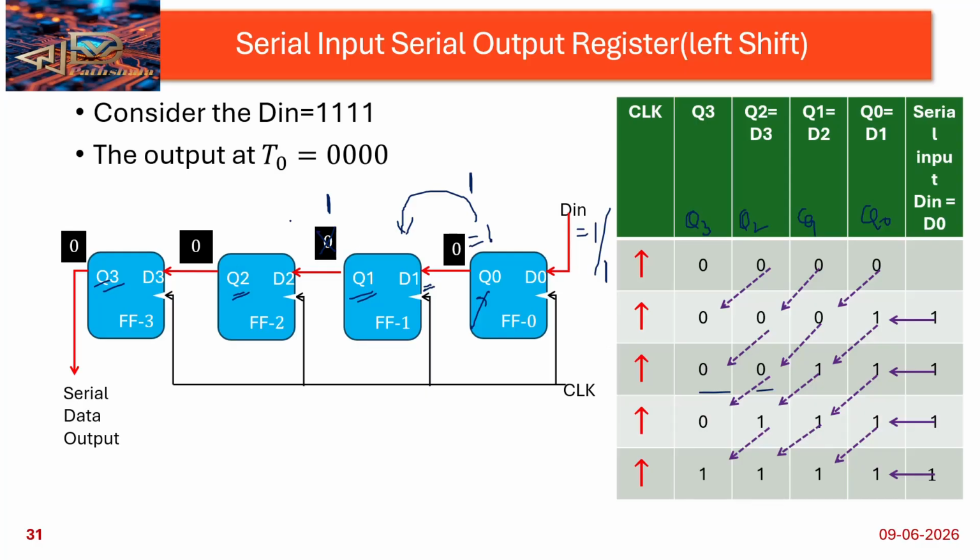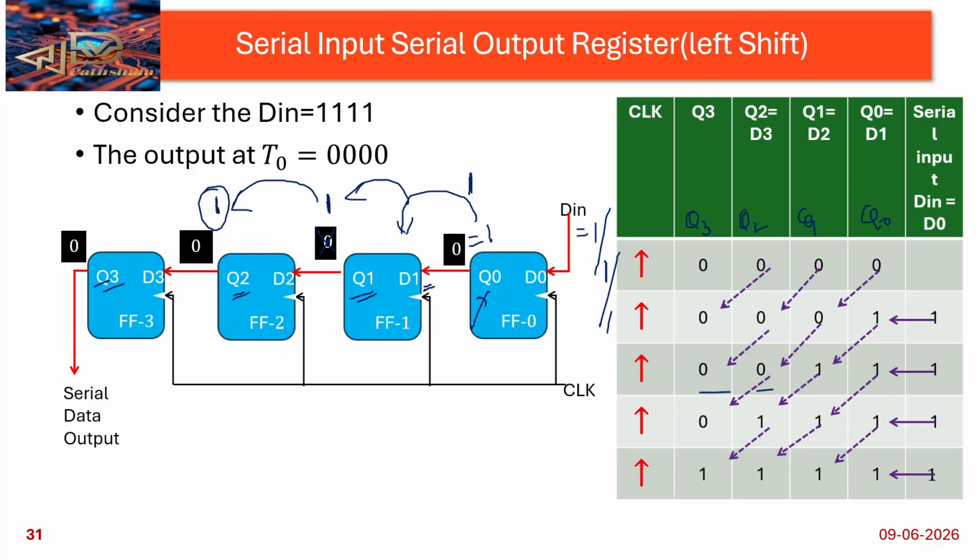After that, again I am giving 1 here. Another 1 I am giving, and this one is moving to Q2. Q1 output is moved to D2, and then the output is Q2. Q2 output is 1 here, Q1 output is 1, and Q0 output is 1, and still Q3 will be 0.